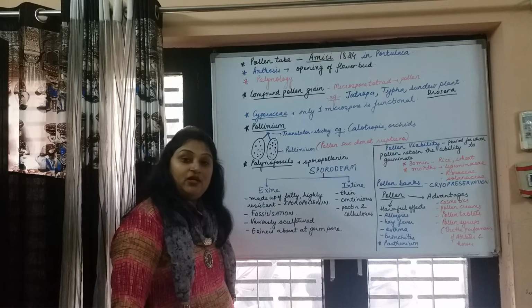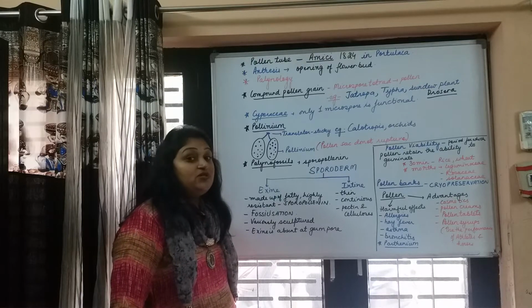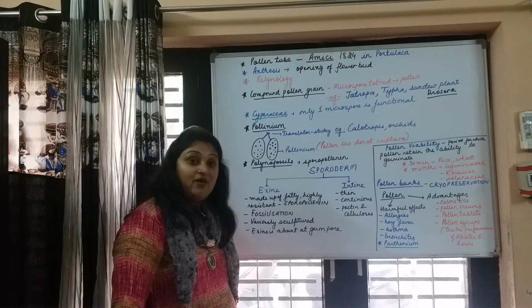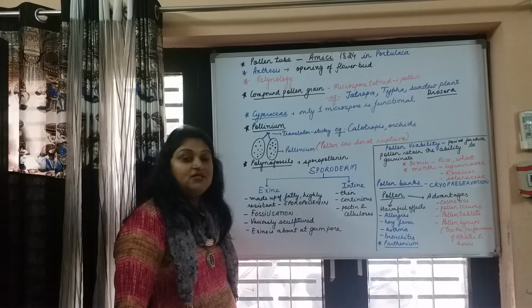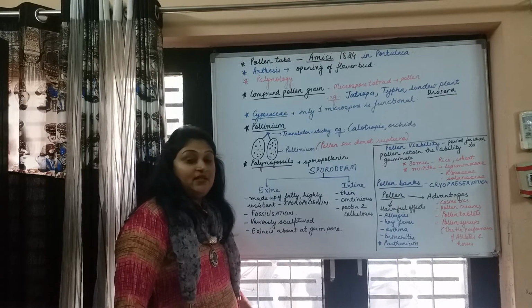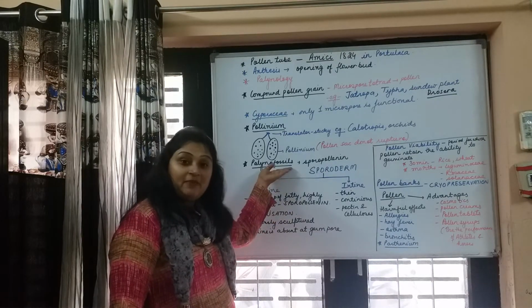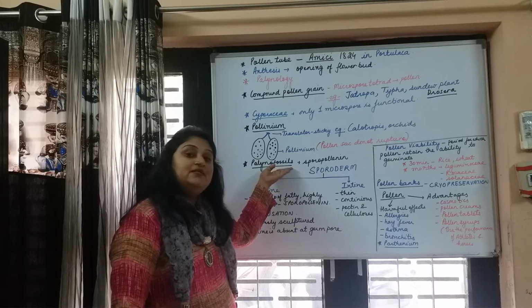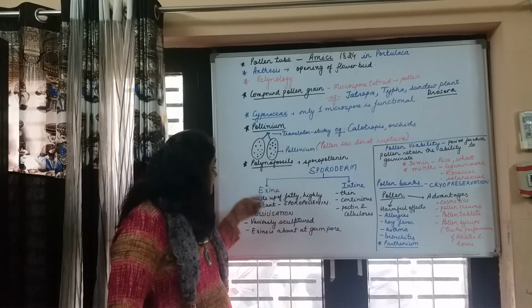Therefore, these pollen grains are used as fossils also. So, this is a very important thing for taxonomists in order to know how many years ago these fossils were made, what type of pollen grain it is, to which family it belongs, and so on.